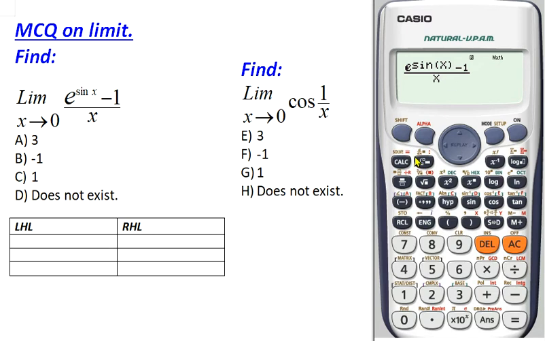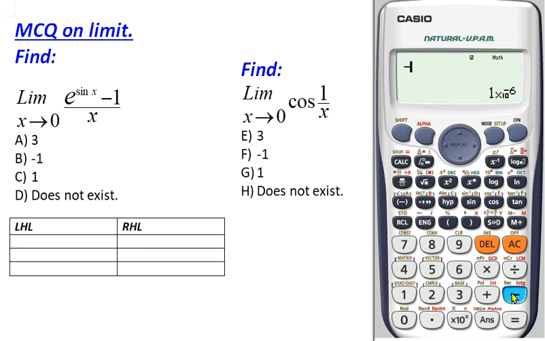Let me press the CALC button, and an input is asked here. We have to give the value of x according to the limiting value. Here x approaches 0, which means we have to give values of x very close to 0. Let me approach 0 from the left hand side.